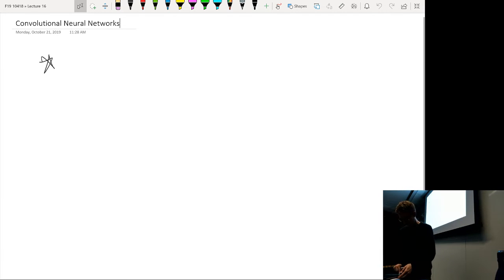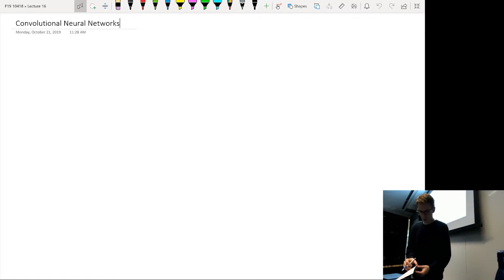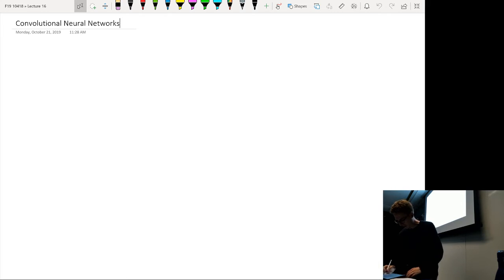Okay, so before we jump to CNNs, I want to make two important notes about structured SVM. So the first of these is we can actually think through what it would look like to do structured SVM with neural potential functions.